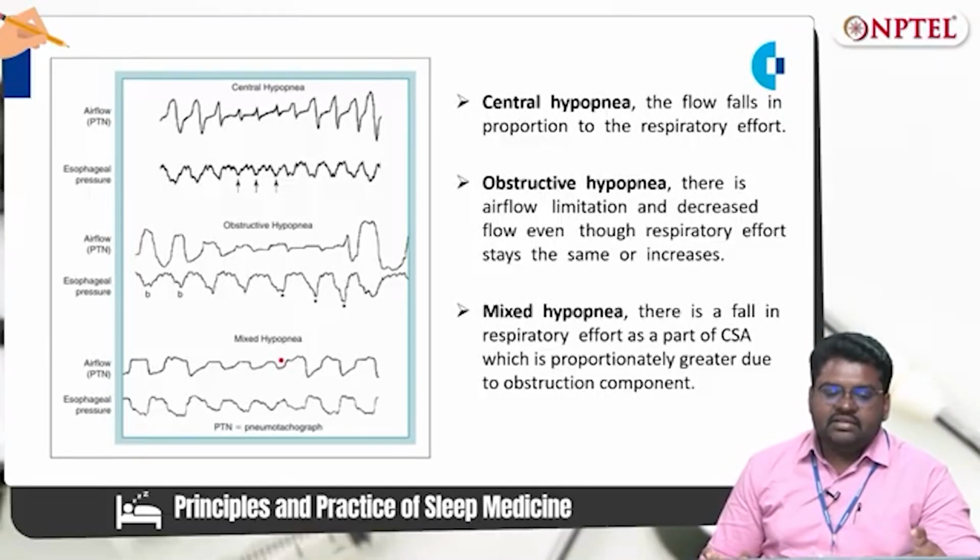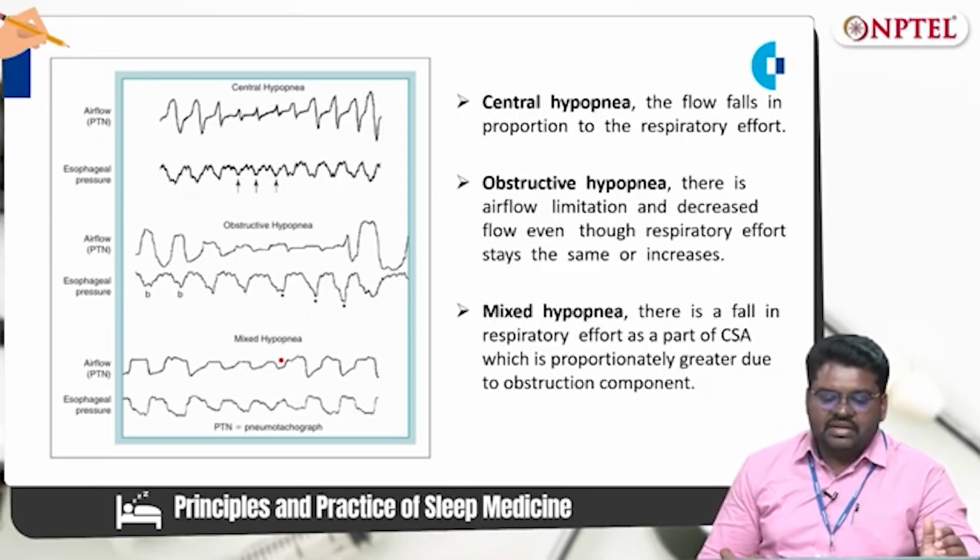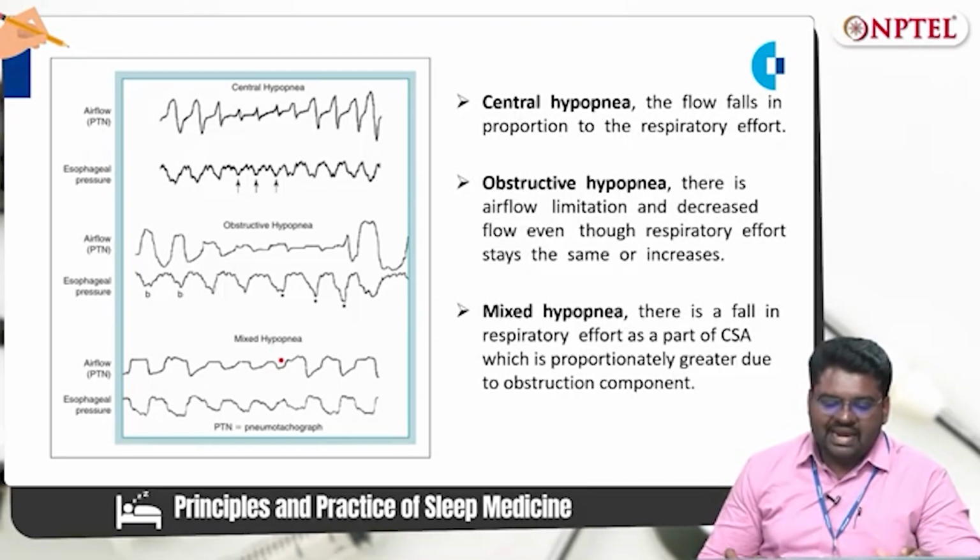In this picture you can see there are three graphs. One is a central hypopnea, that is the flow falls in proportion to the respiratory effort. The next one is obstructive hypopnea. There is a flow limitation and a decreased flow even though respiratory effort stays the same.